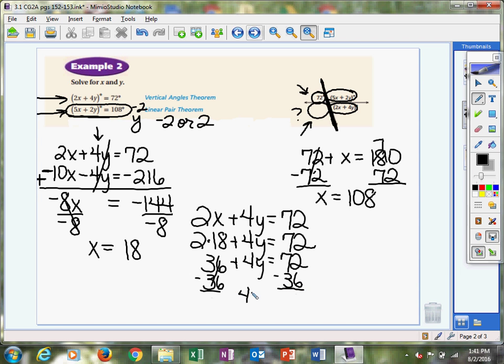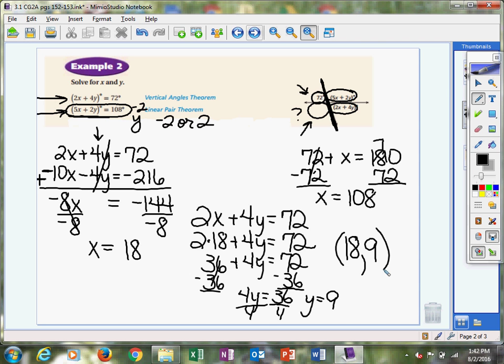And then I've got 4y equals 36. Finally, divide by 4, and y is 9. So to make these two equations equal, x has to be 18 and y has to be 9. You want to double check that and verify in both equations before you totally box that in and say, yeah, that's my answer.